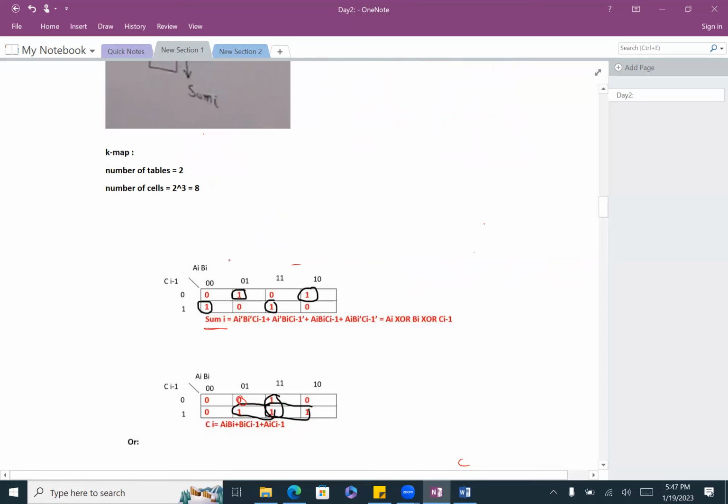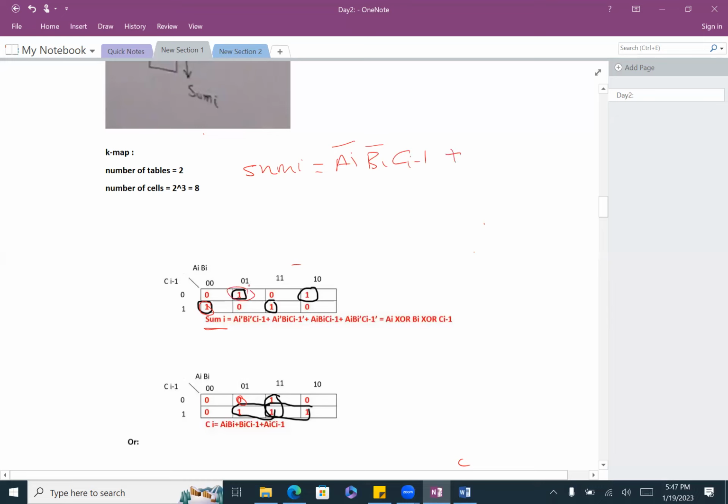So I want to write the circuit of the sum of I. Let's take this one. Because it's only one, it's alone, that means you will have the 3 variables included there. So you will have A of I bar, B of I bar, then C of I minus 1, correct? That's the first one. Let's take this one.